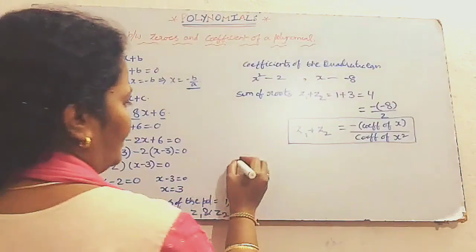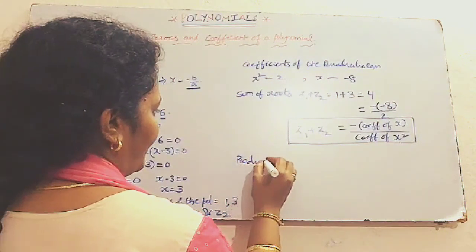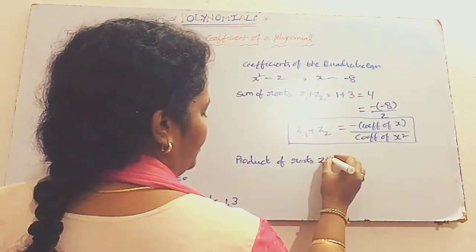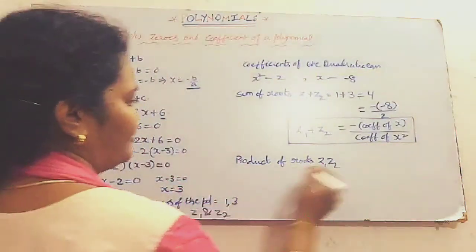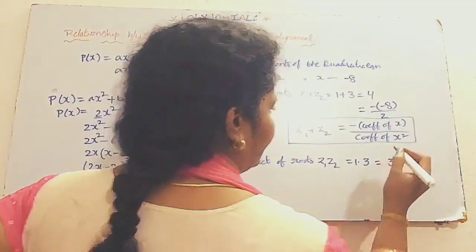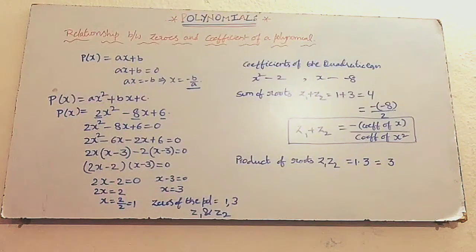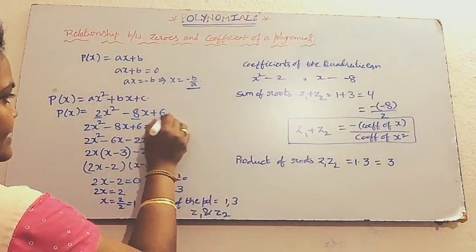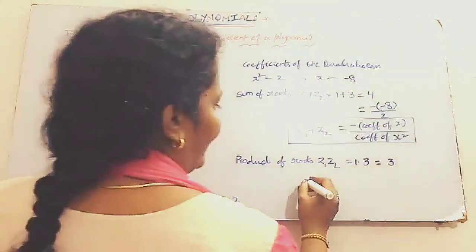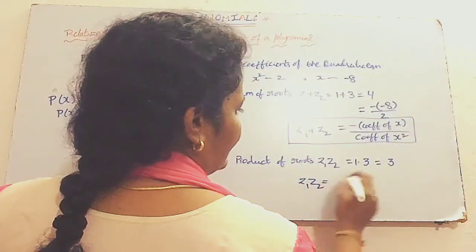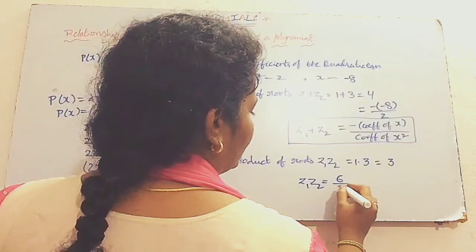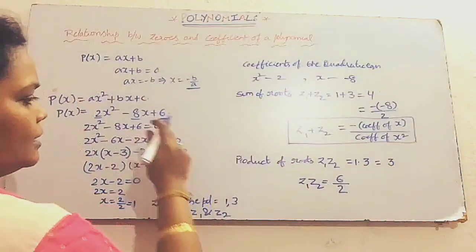Now we will take the product of roots, that means multiplying. Product of roots, that means z1 into z2. So z1 means 1, z2 means 3, that means 3. I will write 3 as 6 by 2, where 6 is the constant.